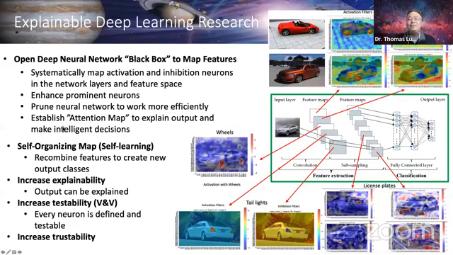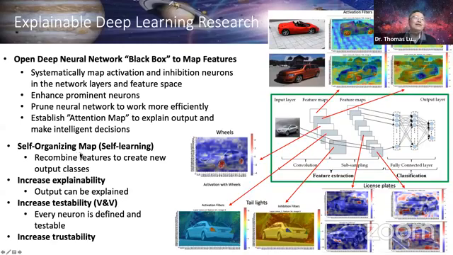Actually, in one experiment, we pruned 95% of neurons. The performance even got better. This is really interesting because when you have a smaller neural net, you can retrain it. It becomes more efficient, more effective, right?